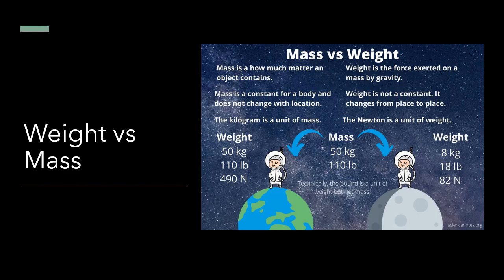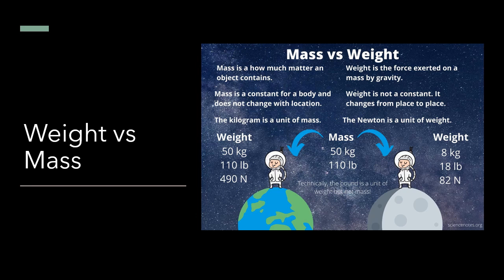In our daily life, we might confuse the terms weight and mass. So what are these words? Let's have a look at them one by one. Mass is how much matter an object contains. Mass is a constant for a body and does not change with location.